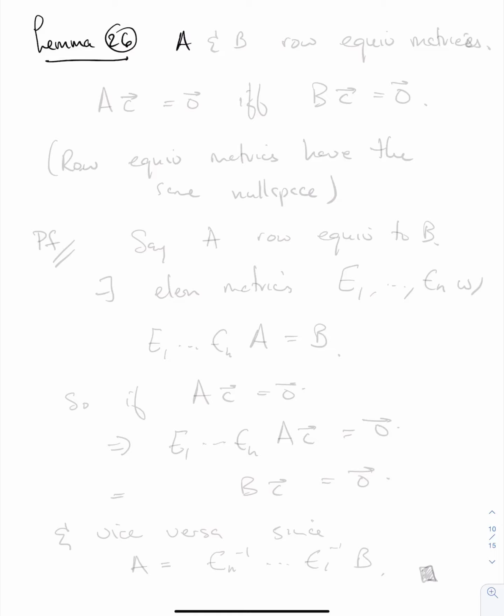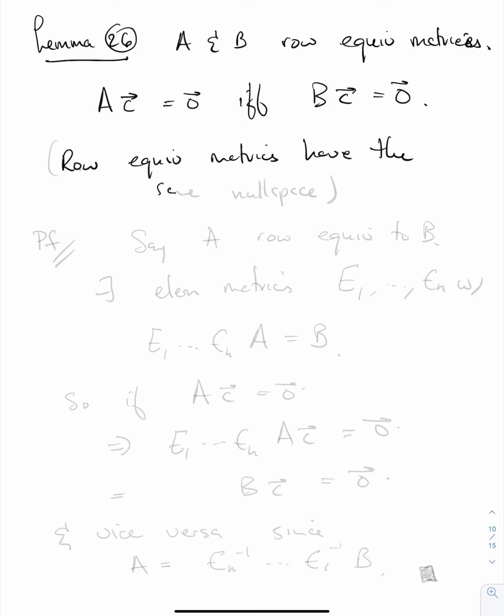Say A and B are row equivalent matrices. A times c is equal to 0, c the column vector, if and only if B times c is equal to 0. Row equivalent matrices have the same null space. Let's prove this. Proof.